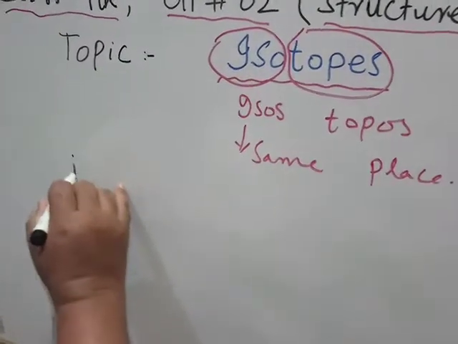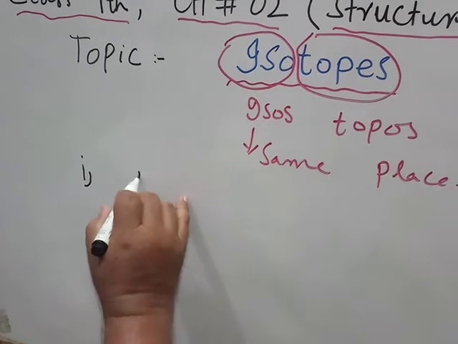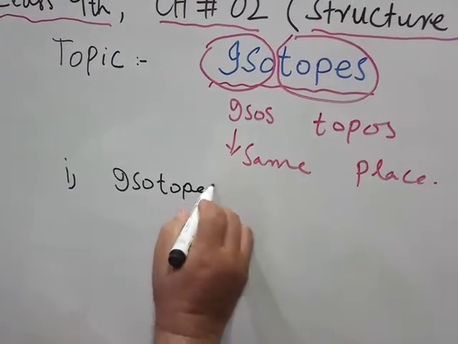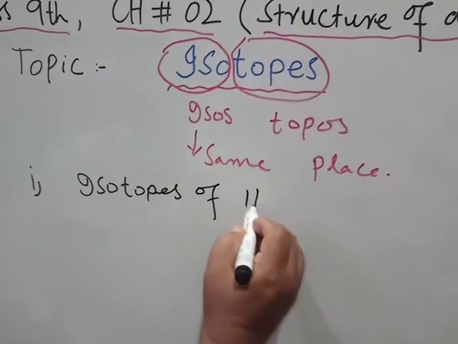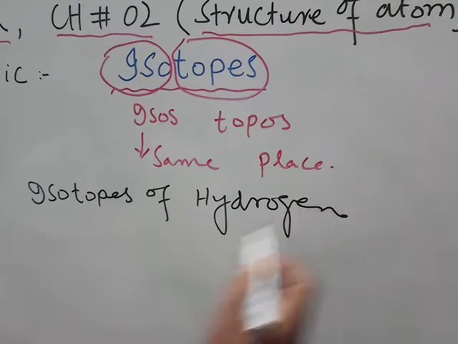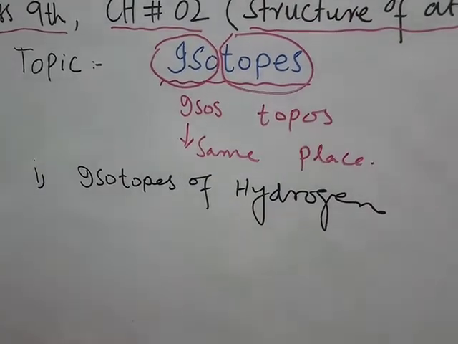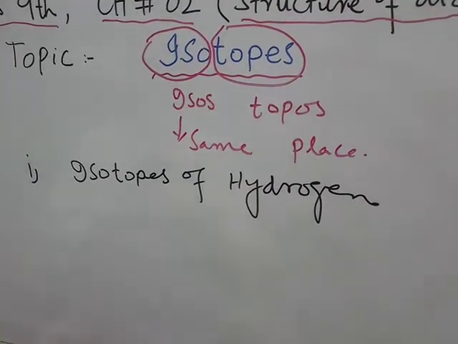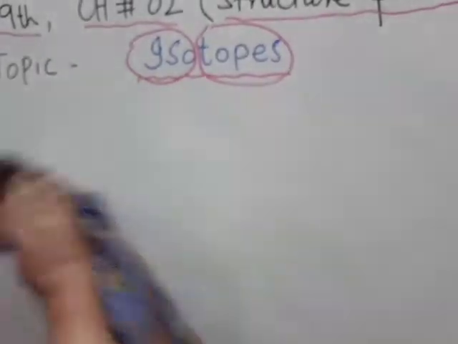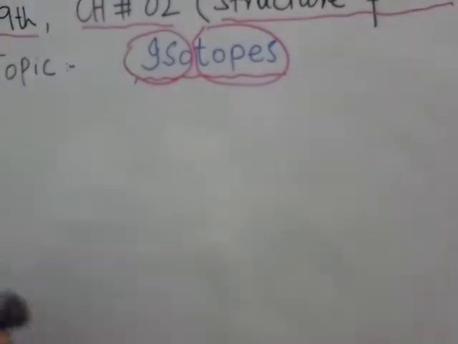Now we will discuss number 1, isotopes of hydrogen. Let me discuss these isotopes of hydrogen number by number. So first of all, let me draw it.